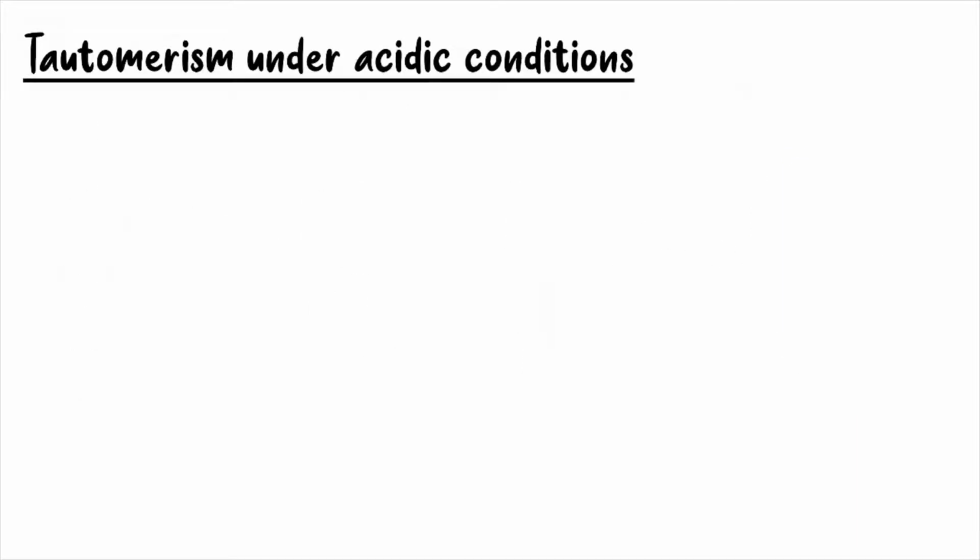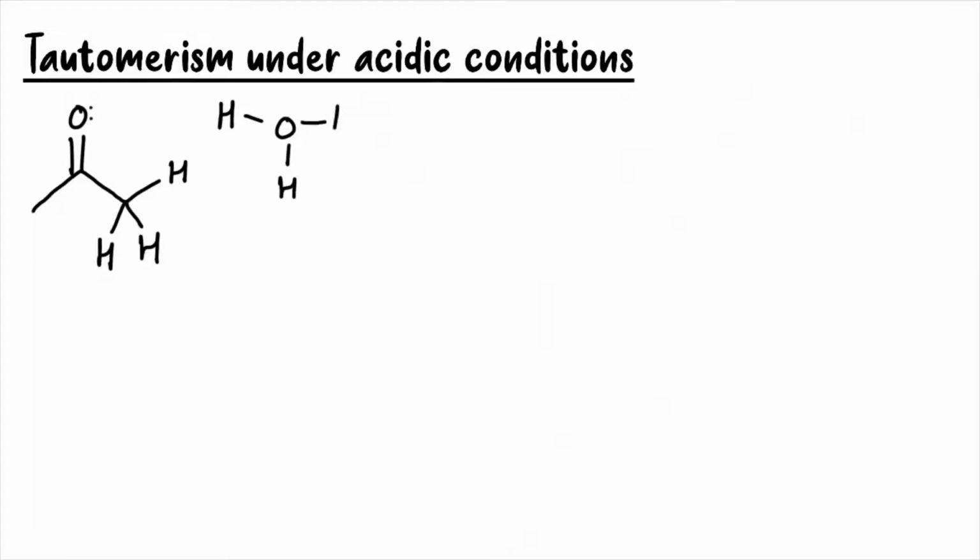Now we know that tautomers exist, let's look into how tautomerism is catalyzed, firstly in acidic conditions. So we have our keto form over here with the lone pair on the oxygen, and we have an acid catalyst. In this instance I've used H3O+.